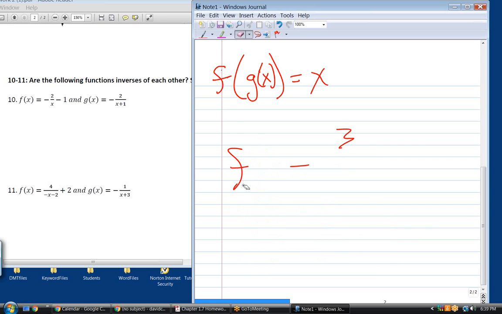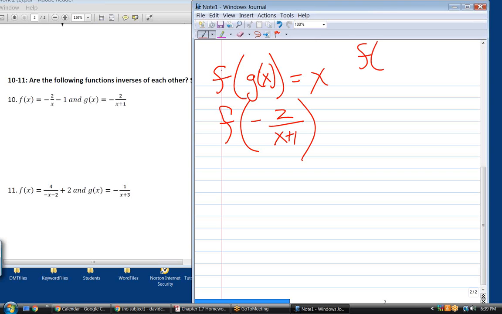Okay. So here, when we see f of g of x, that's the same as, well, what is g of x? G of x is minus 2 over x plus 1. And what is f of x? F of x was defined to be minus 2 over x minus 1.